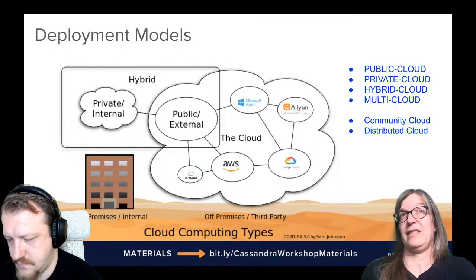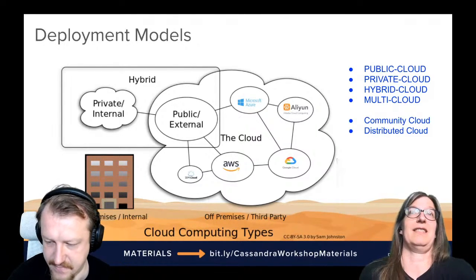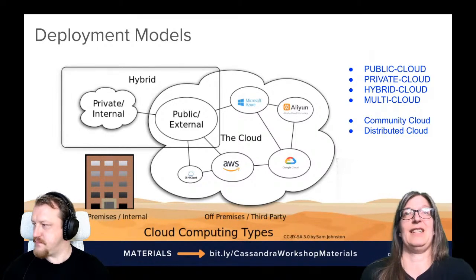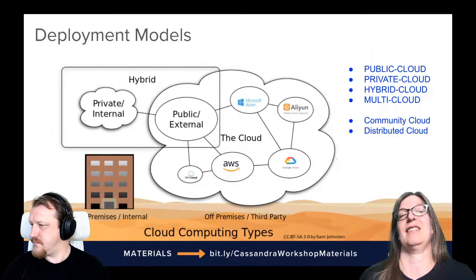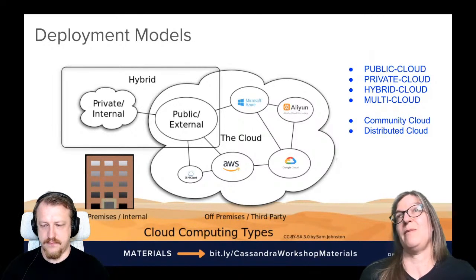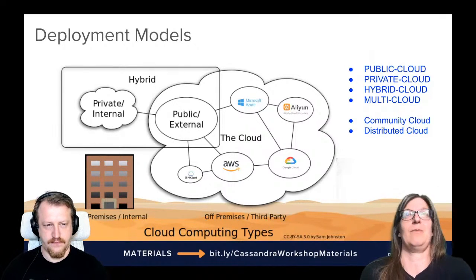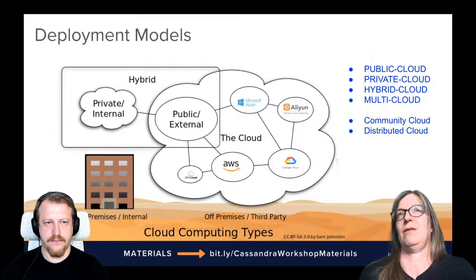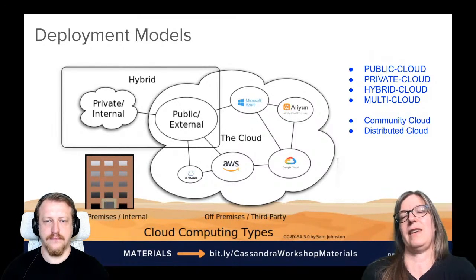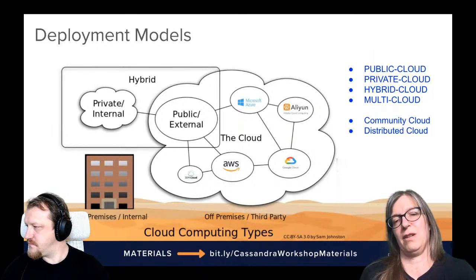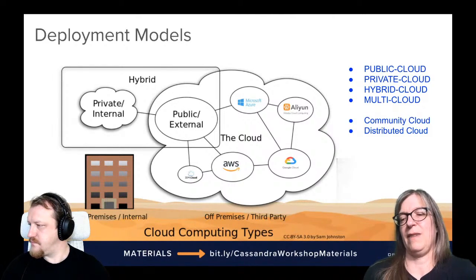Hybrid cloud is where you mix those two approaches and potentially, for example, deploy your Cassandra database into both these clouds. Multi-cloud, same reason. You don't necessarily want to put all your eggs into one basket and be just on AWS. You might want to be on some other clouds as well in order to minimize the risk of a single vendor. So these are different terms that you might come across when talking about clouds.